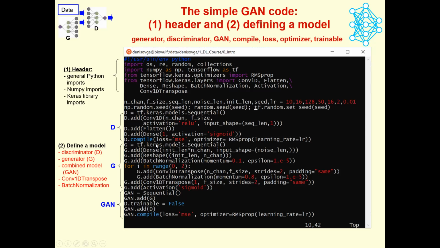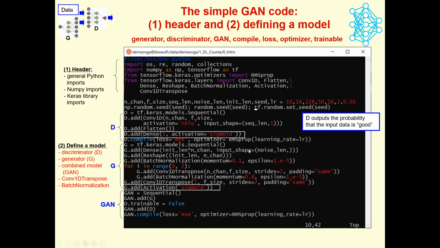What is important to mention here is that the discriminator model has a sigmoid activation as the last layer in the model, which means it will output values between 0 and 1, just because sigmoid activation has values between 0 and 1. And this output from the discriminator can be interpreted as a probability, because it's between 0 and 1. And that would be the probability that the input data is good.